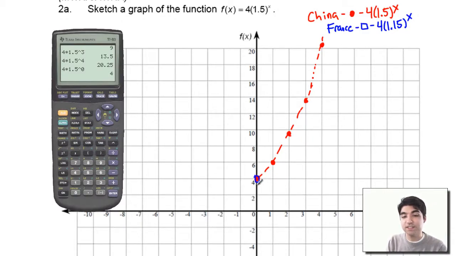France starts at the same spot as China. But then let's see what happens. Then we got 4 times 1.5 to the first power, which is year 2001, and that equals 6.